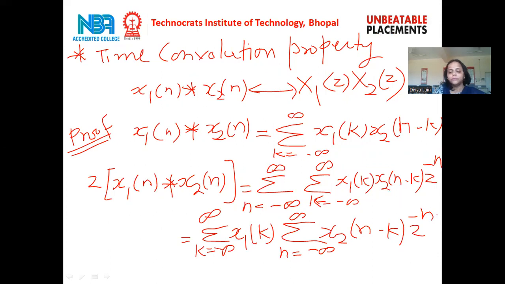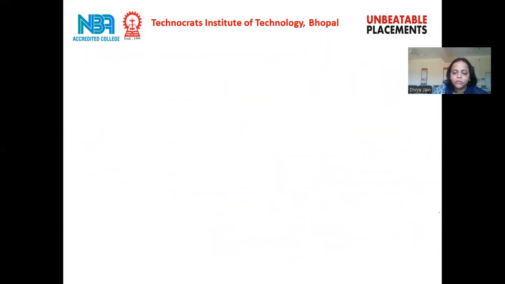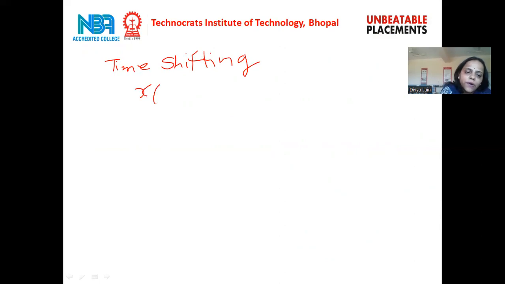Okay, now according to the time shifting property, what does the time shifting property say? The Z transform of x[n minus k] is z to the power minus k X(z).